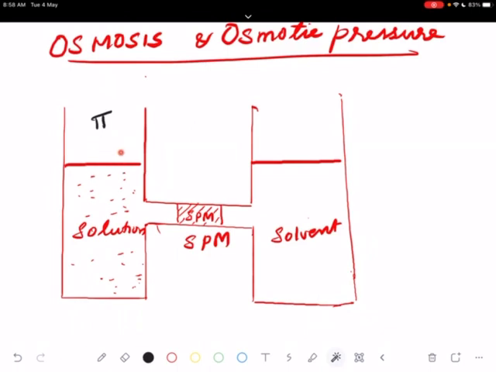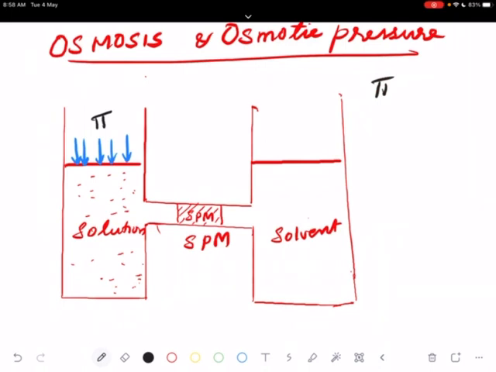But to check the amount of osmotic pressure, we are applying a pressure here just to stop the flow of the solvent. That pressure is called osmotic pressure. We denote that by pi.